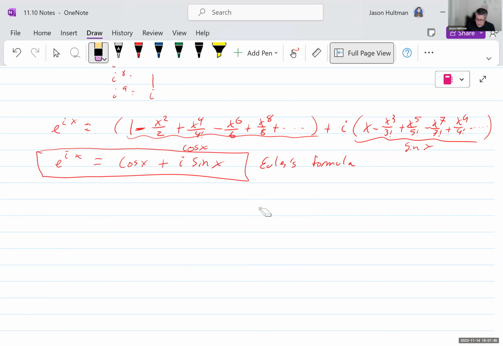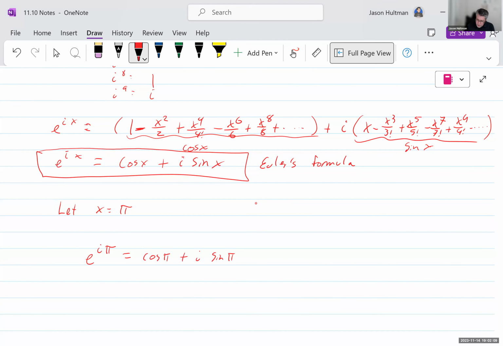And we can get Euler's identity from this, which is kind of amazing. If we let x equal pi, then something kind of miraculous happens. We get e to the i pi equals the cosine of pi plus i sine pi.